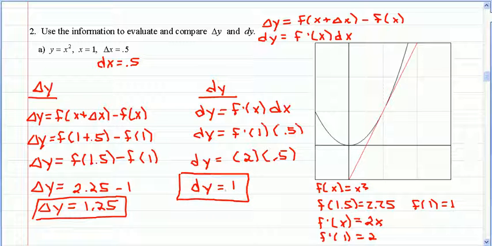So graphically, our value of x was x equals 1. So 1 is here, and the y-coordinate that corresponds to it is also 1.